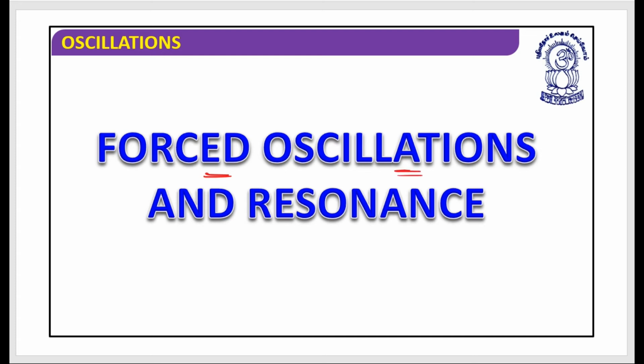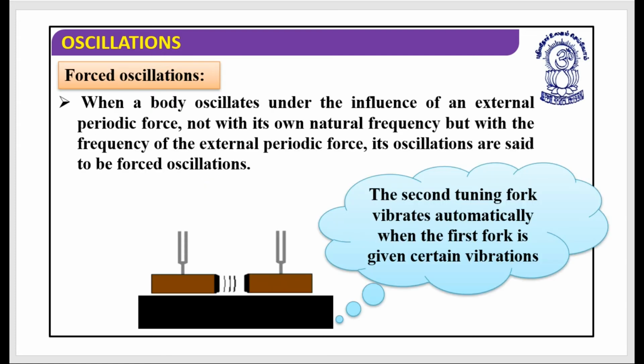Now let's discuss the next topic, forced oscillations and the condition of resonance. Let's first discuss what forced oscillation is. When a body oscillates under the influence of an external periodic force, not with its own natural frequency but with the frequency of the external periodic force, its oscillations are said to be forced oscillation.